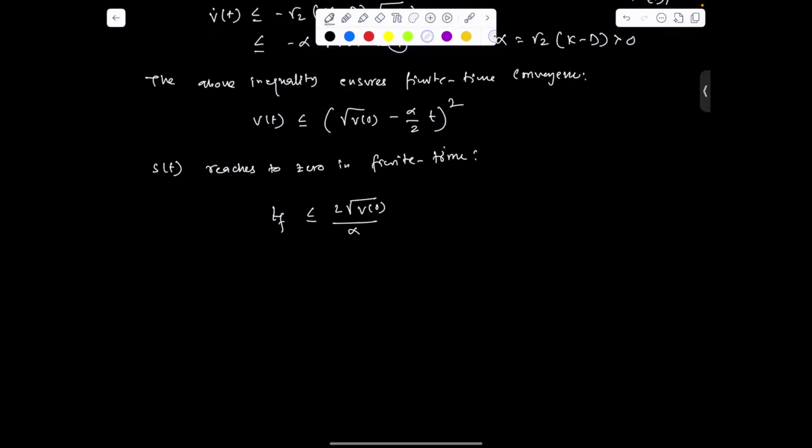This part is going to 0 because s(t) is going to 0, and V(t) is defined in function of s(t), right? So as time tends to infinity, this part goes to 0, we are left with this, and from this we can find this expression for tf.